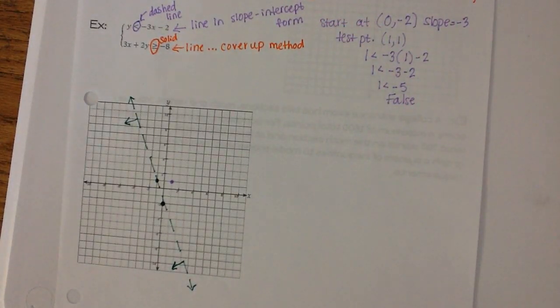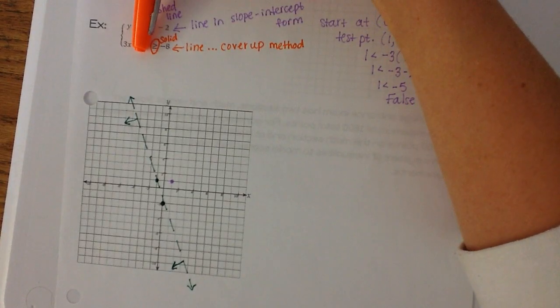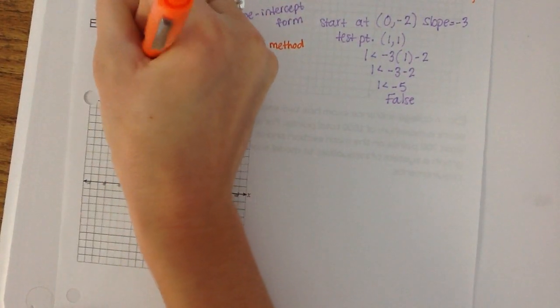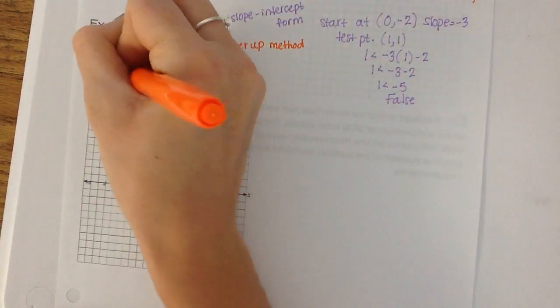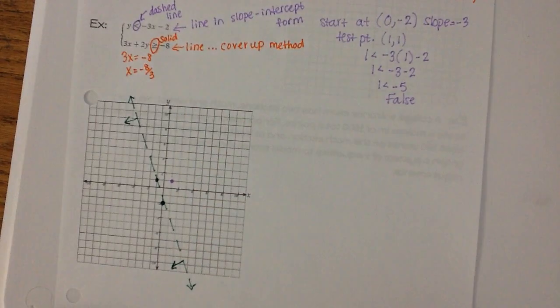Okay, so let's go ahead and cover up our y. So we have 3x equals negative 8. We're going to divide by 3 on both sides, and we will get x equals negative 8 thirds.